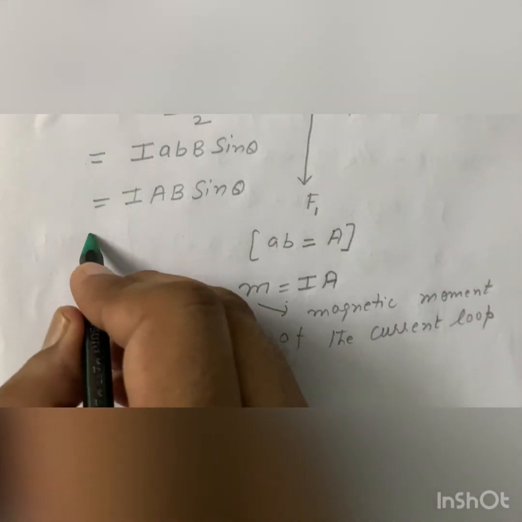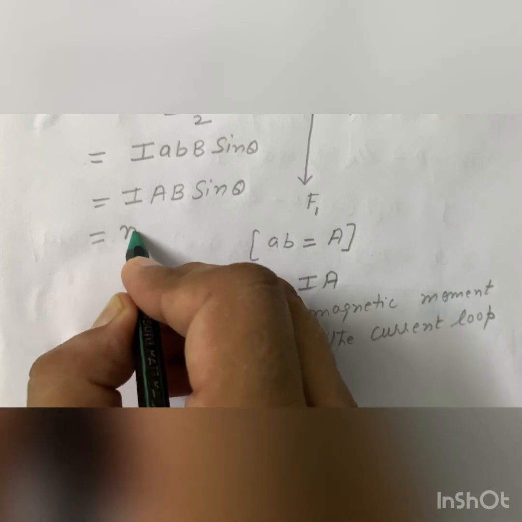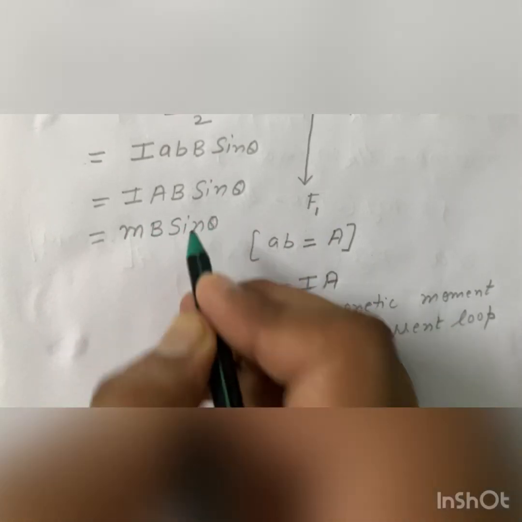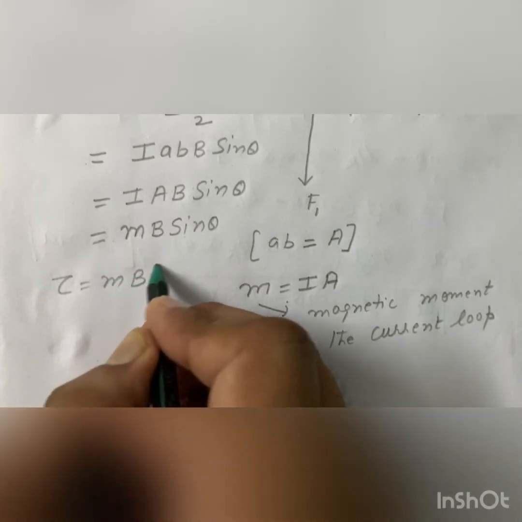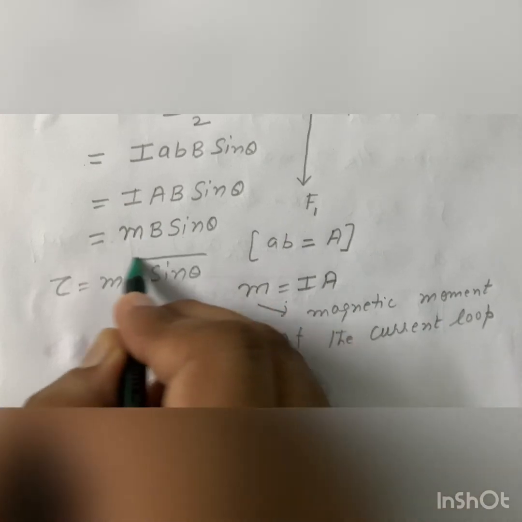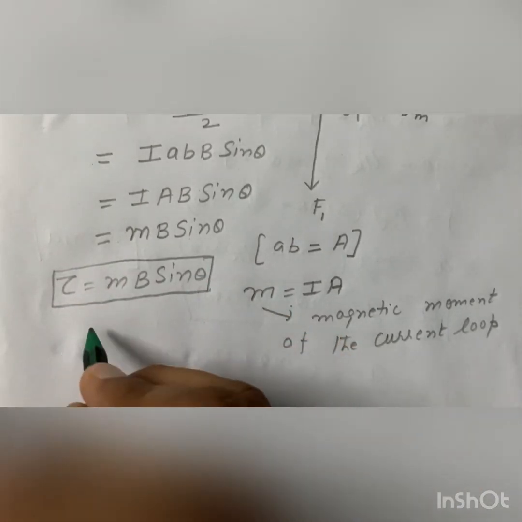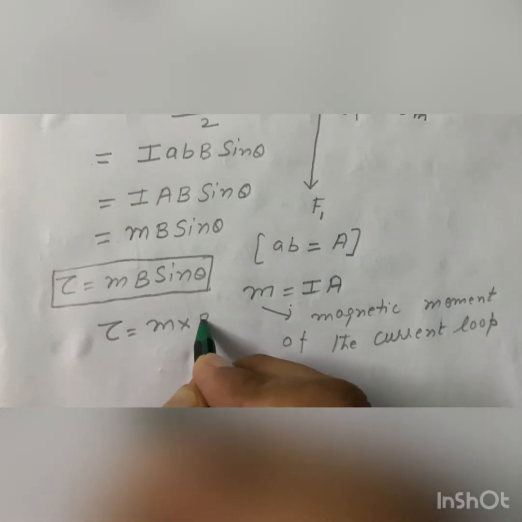So we write M B sine of theta. So torque is M B sine theta, or we can write it like this: torque equal to M cross B.